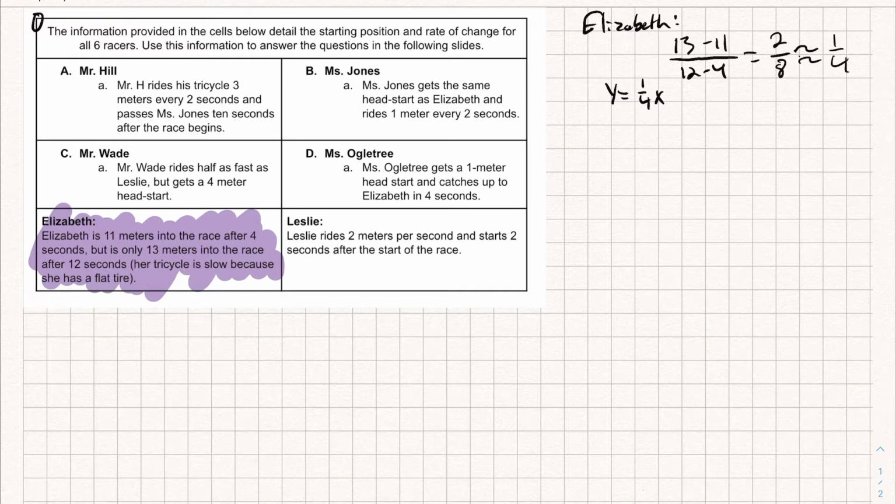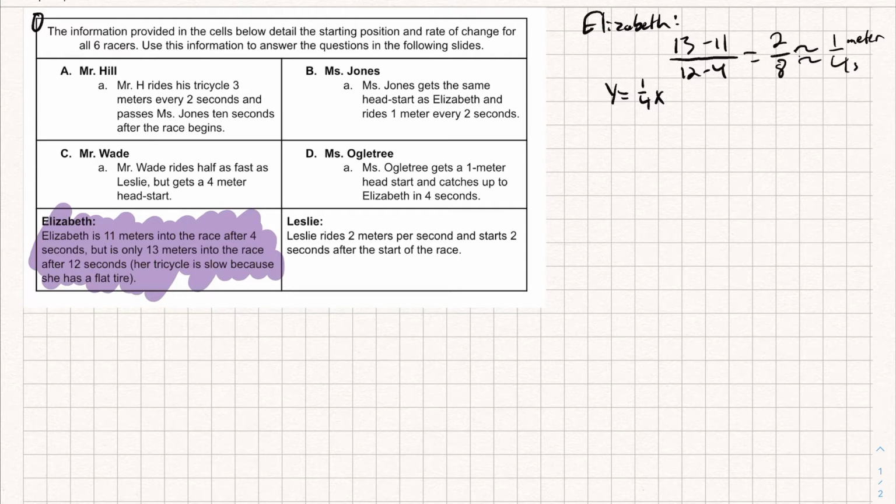But what's the y-intercept? Well, it says that she's 11 meters into the race after 4 seconds. So if she's only moving 1 meter every 4 seconds, based off of the slope, and she's 11 meters into the race after 4 seconds, then that means that she's only a meter away from her starting position.